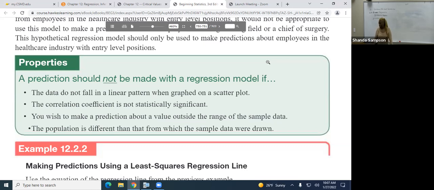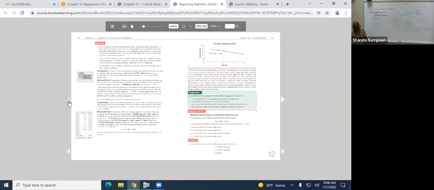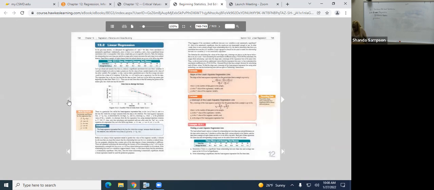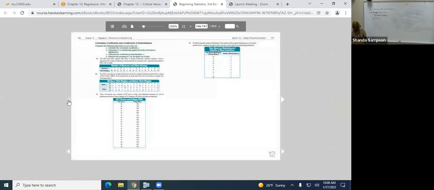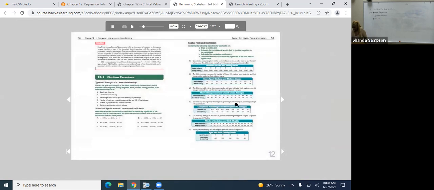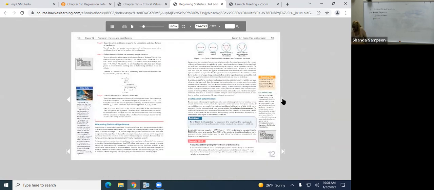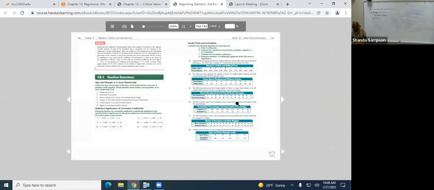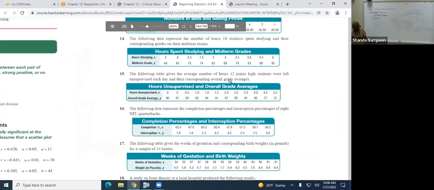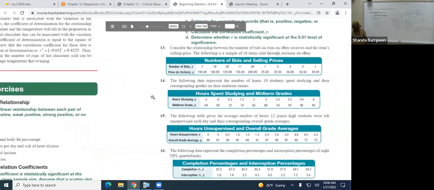So let's say our data, let's go back to our data from our last problem actually. That was about eBay and the number of bids.